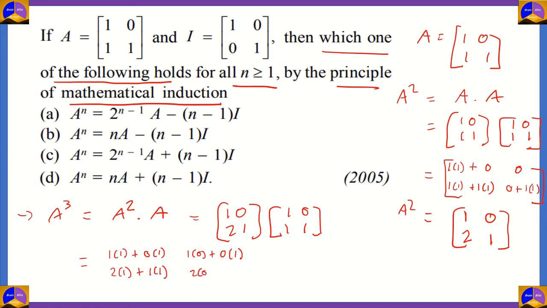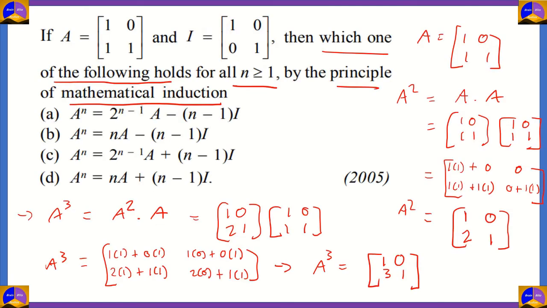Then you have 2 times 0 plus 1 times 1. So therefore, the value of A cube will be equal to [1, 0; 3, 1]. So as you can see, A is [1, 0; 1, 1], A squared is [1, 0; 2, 1], and A cube is [1, 0; 3, 1].